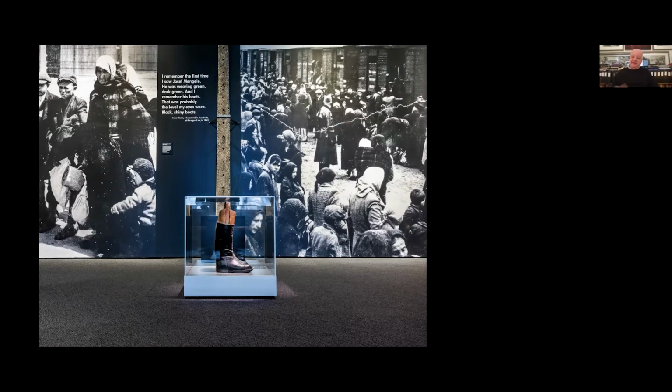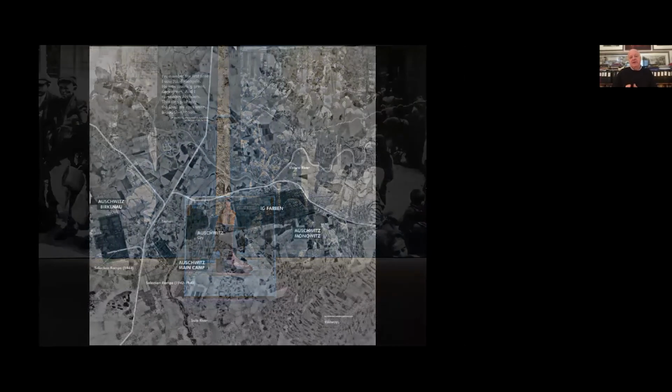So the visitor approaches the pair of SS boots, and we have a quote here of a young girl who survived selection because she was a twin to be abused in Dr. Mengele's experiments, who talked about the boots, that she was small, and she particularly saw the shiny boots of the doctor who was selecting. And of course, many survivors always talk about that.